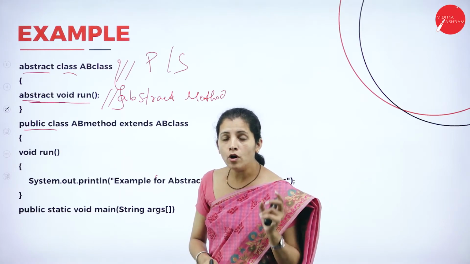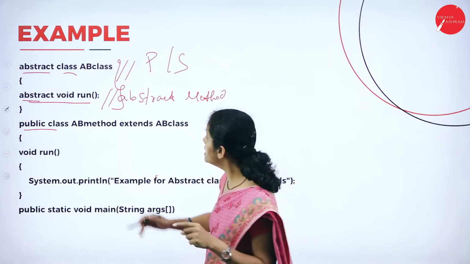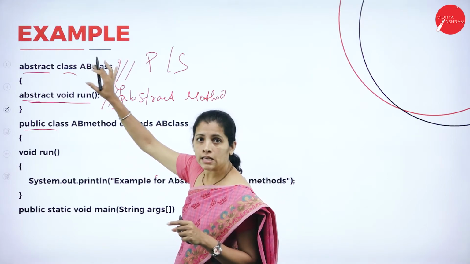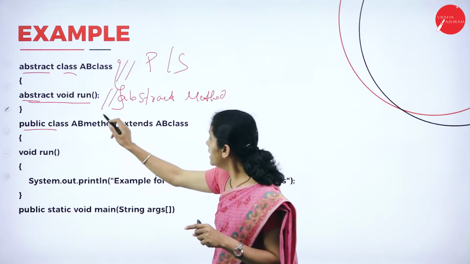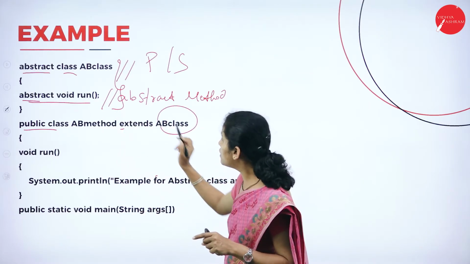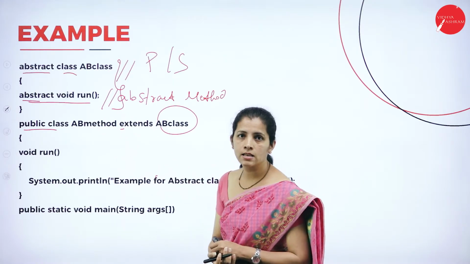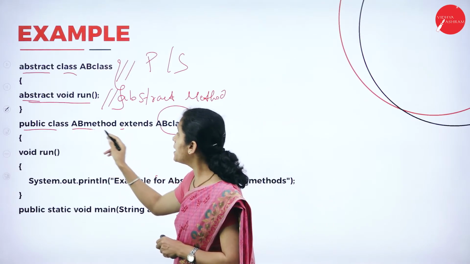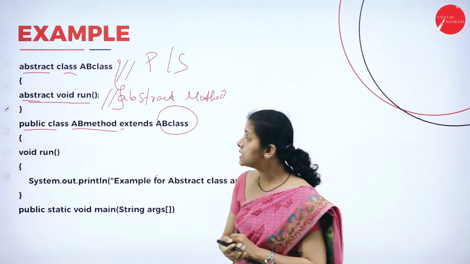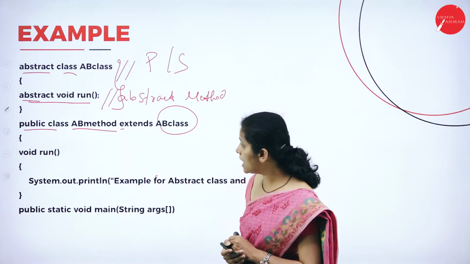If I want to make use of all the properties and behavior of this abstract class, then I must inherit all the features of the parent class into the child class. Now tell me which is my child class? Here AB method is my child class, and what about AB class? It is my parent class.